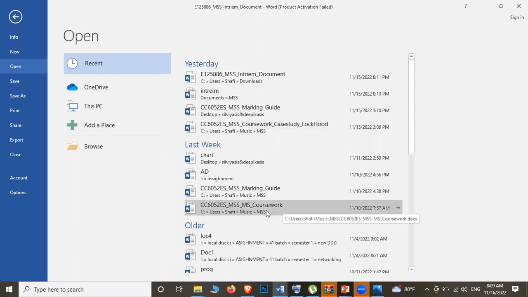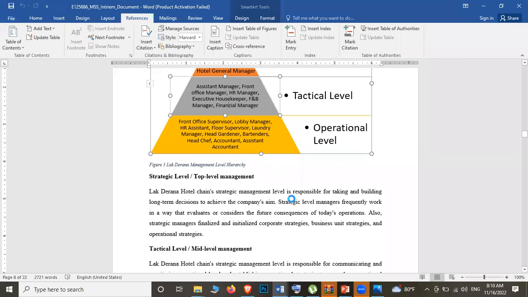Marking guide. Okay, look at this. Wait, not this one. Let it load. After that, I'll show you.